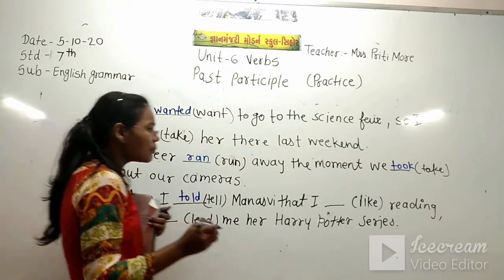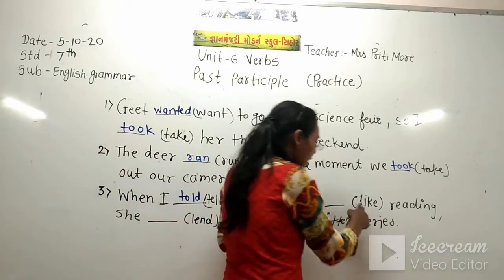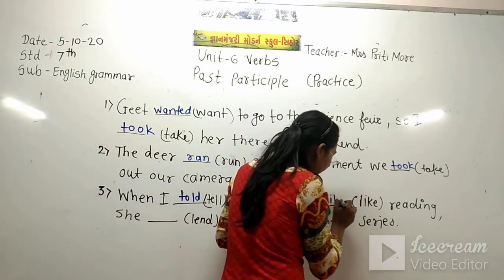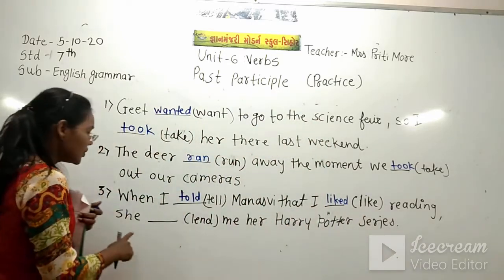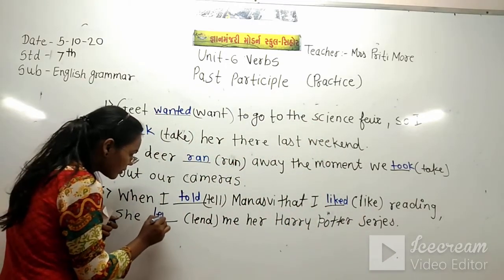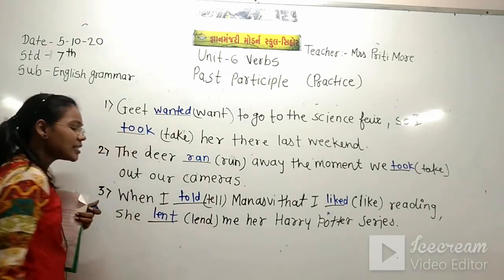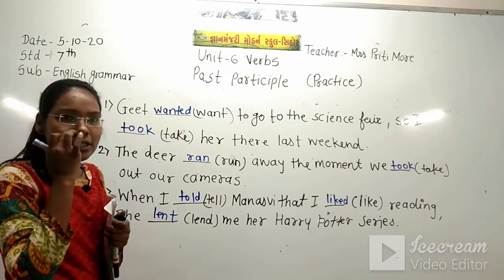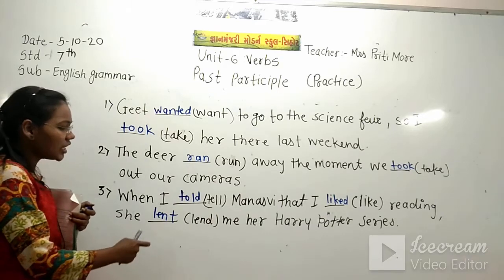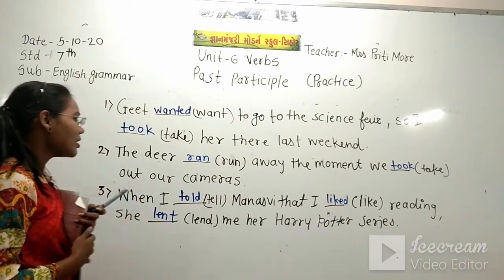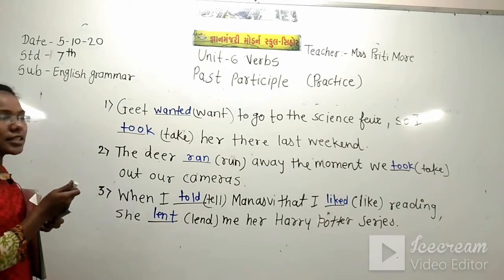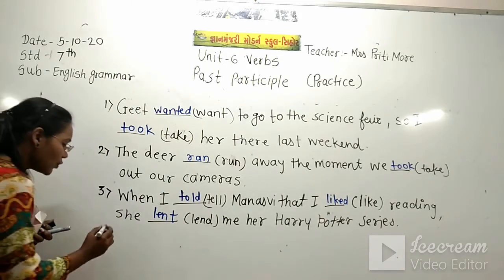When I told Manasvi that I liked reading, she lent. Now here this lent, the past form, is ending with t. She lent me her Harry Potter series. Here also we have written the past form of the given verb.